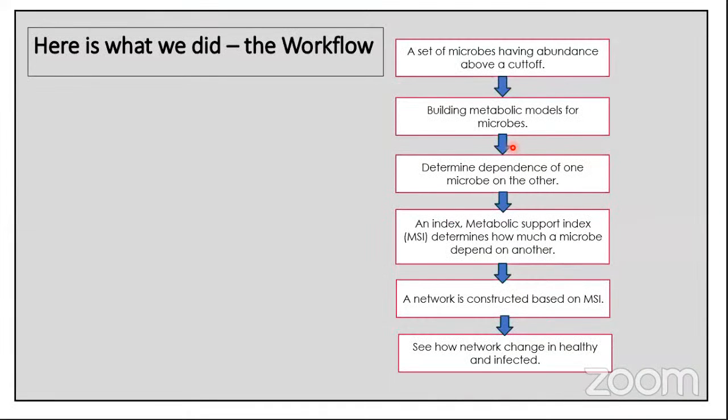So here's the workflow. We have a set of microbes having abundance above a particular cutoff, like a 0.1% cutoff. The genome information of all these microbes will be considered, and metabolic models will be built.